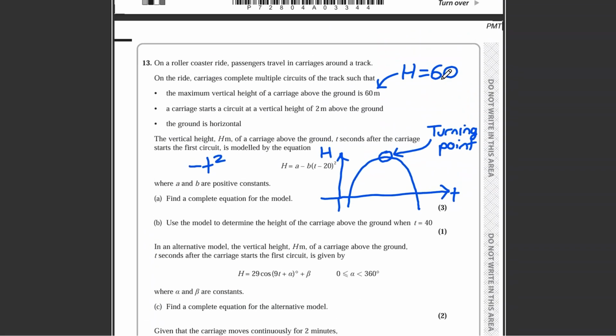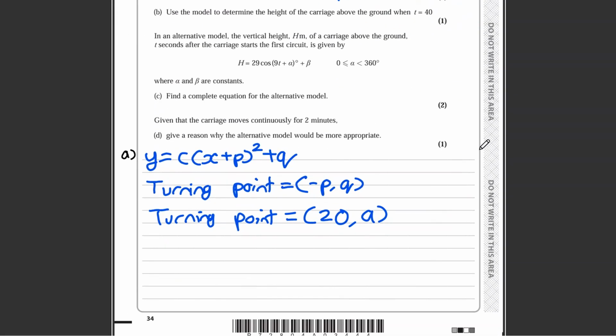However, we know that the turning point, the h coordinate here, is going to be 60. This is the maximum vertical height of the carriage. So therefore this here we know is 60, so therefore a is equal to 60. Okay, so we found what a is.